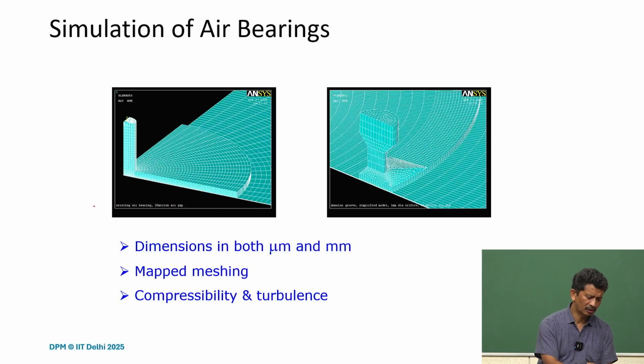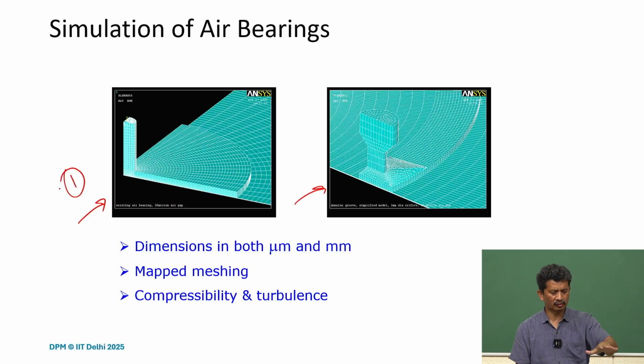In this case, there are two configurations we are talking about. The first one is the circular one. It's a quarter model, and at the center is where the air is supplied, with the supply pressure we have. There is a circular pocket, and then it flows through the bearing surface.